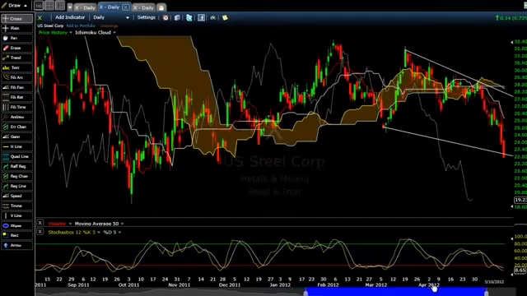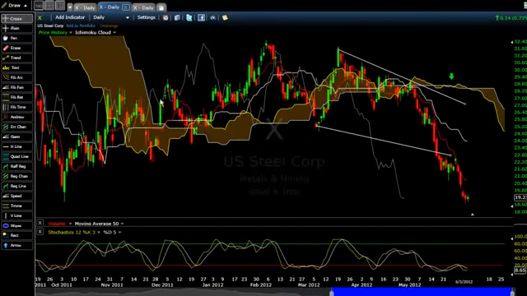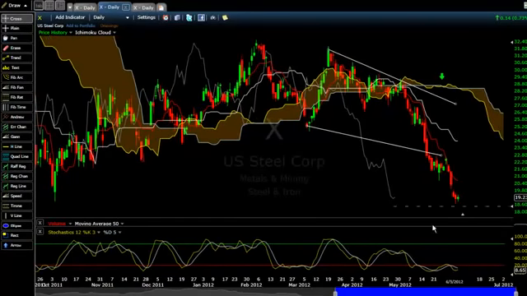And we're starting to see how we got sideways action, and then of course Kumo most recently rejected price, and we have traded down as well. So again, where we had a TK cross here, and we had Chikou below price, and everything broke down below Kumo recently. Okay, so that's an example of a bearish chart.